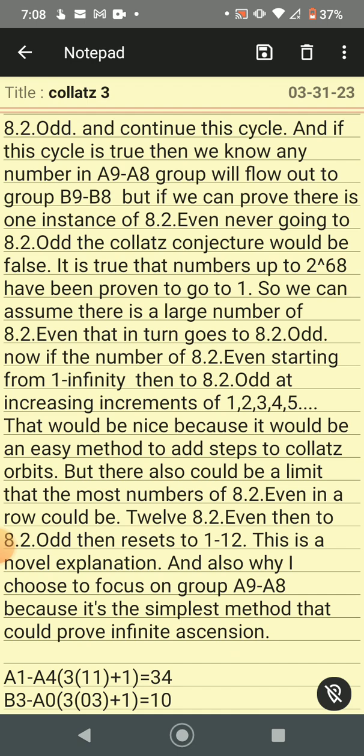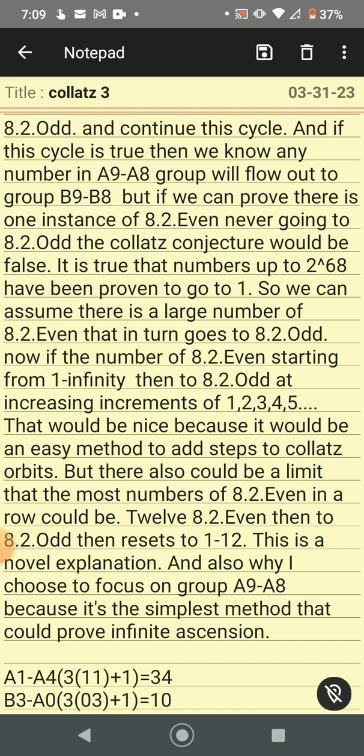It is true that numbers up to the power of 68 have been proven to go to 1. So we can assume there is a large number 8.2 even that in turn goes to 8.2 odd.